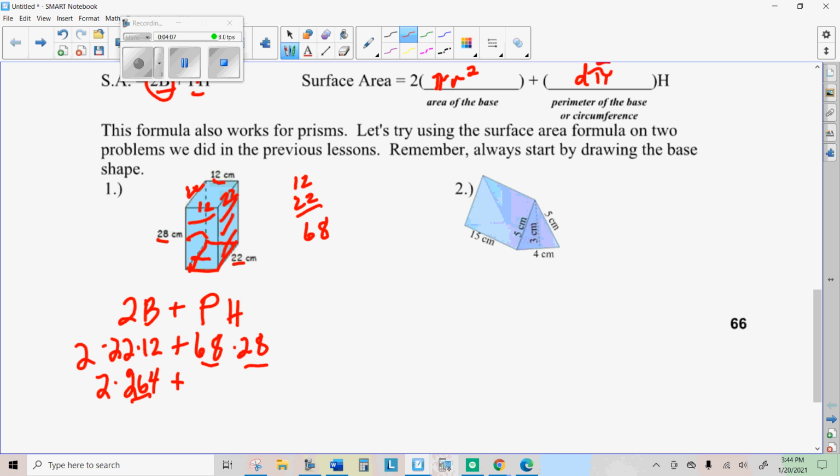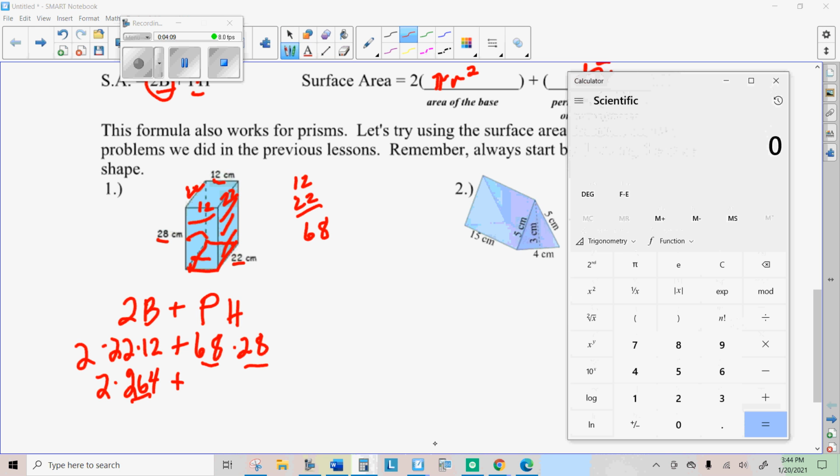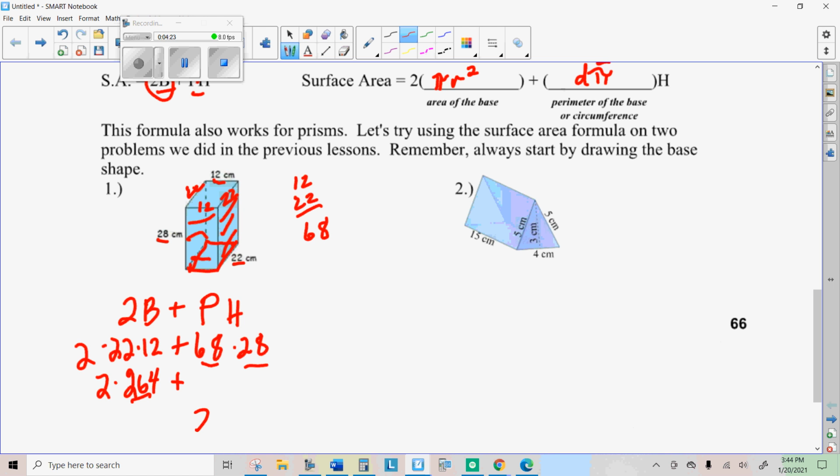Okay, so on your calculator, you can do 2 times 264 plus 68 times 28. And that equals 2,432 square centimeters.